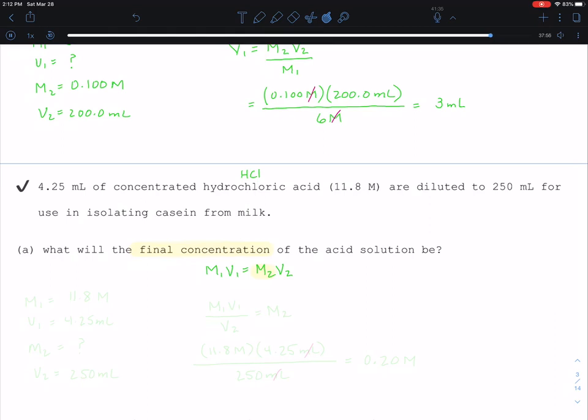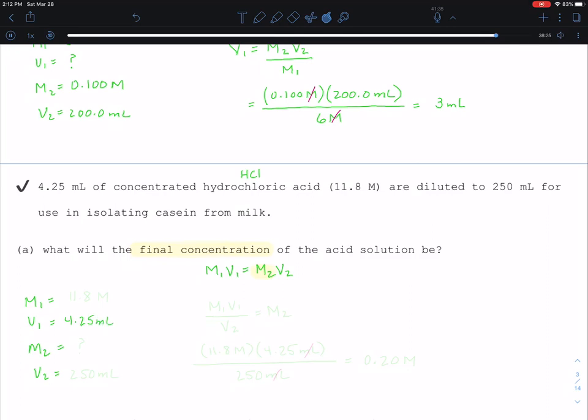Then I'm going to make my little list so I know what I'm talking about. M1, V1, M2, V2. And I'm going to go back to the problem. I'm going to find all of this information. They are telling me they're going to take 4.25 milliliters of a concentrated hydrochloric acid solution. So my initial volume is 4.25 milliliters.